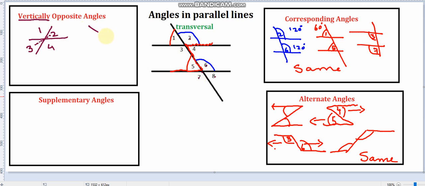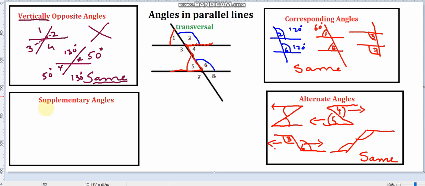They are making the letter X, and sometimes there is a line intersecting another line. So the angles which are formed, angle X is vertically opposite to Y. They are also the same in measurement. The important thing is that if this is 50 degrees, angle Y is also 50 degrees. If this is 130 degrees, this is also 130 degrees. Means the measurement will remain the same.